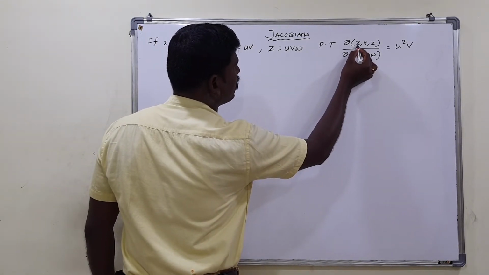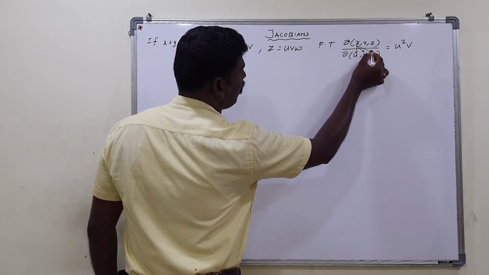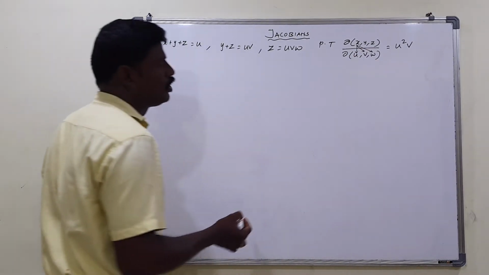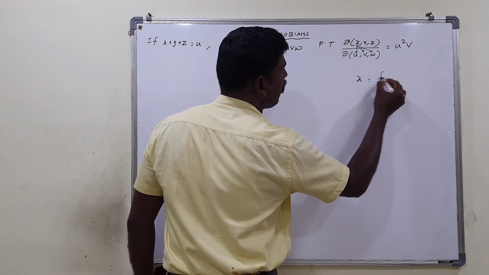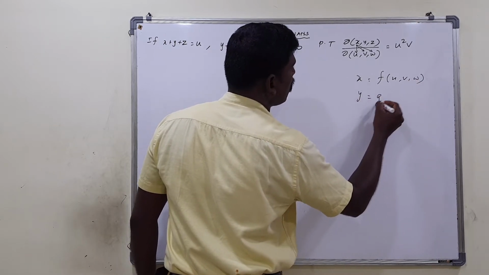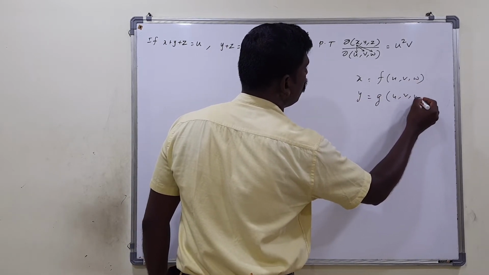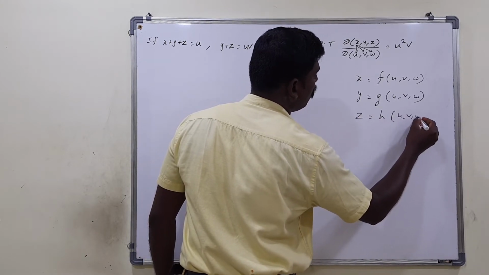I am going to differentiate partial x with respect to u, with respect to v, and with respect to w. So that's why we need x as a function of u, v, w. Similarly, y is also another function of u, v, w, and z is also another function of u, v, w.